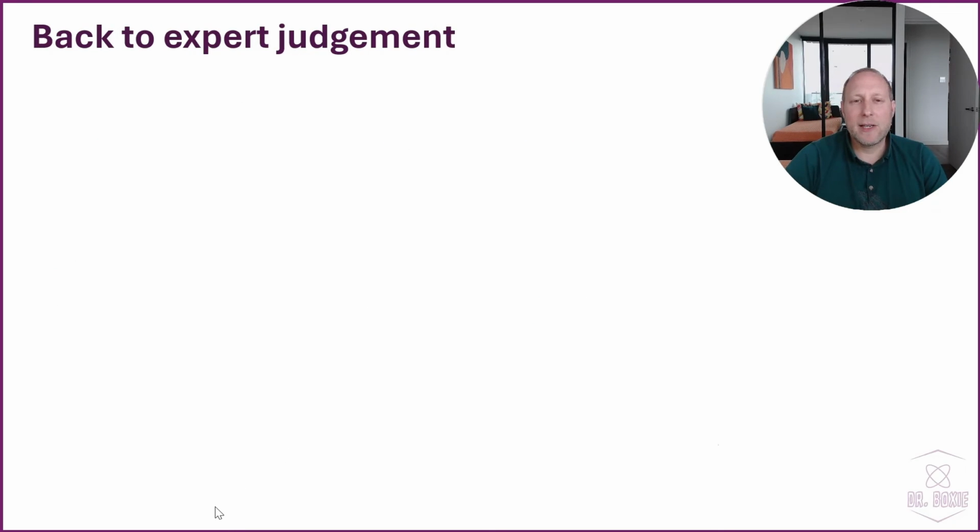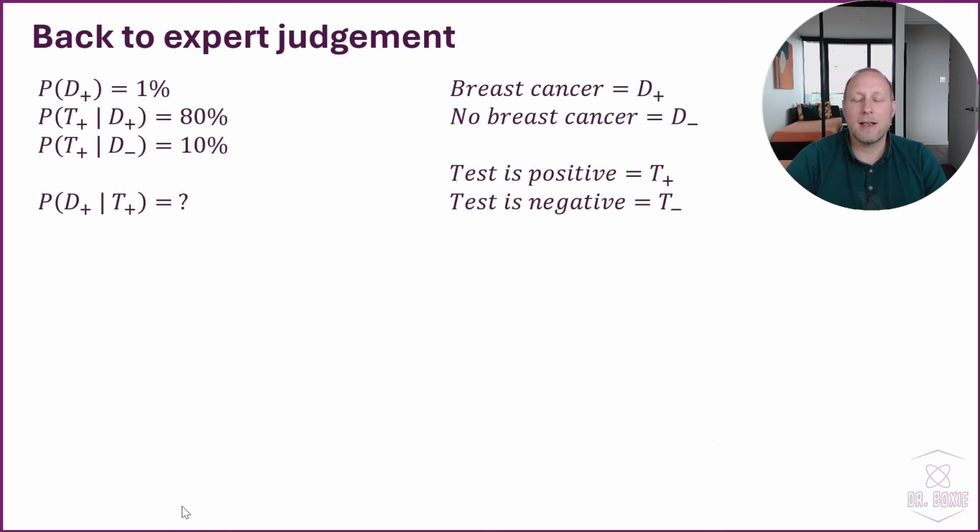We can now finally go back to the question we looked at the start of the lesson about expert judgment. So we take a population where 1% of the population has breast cancer, and we're looking at the reliability of the tests. We've seen that if a patient has breast cancer, the test will claim that she has breast cancer 80% of the time.